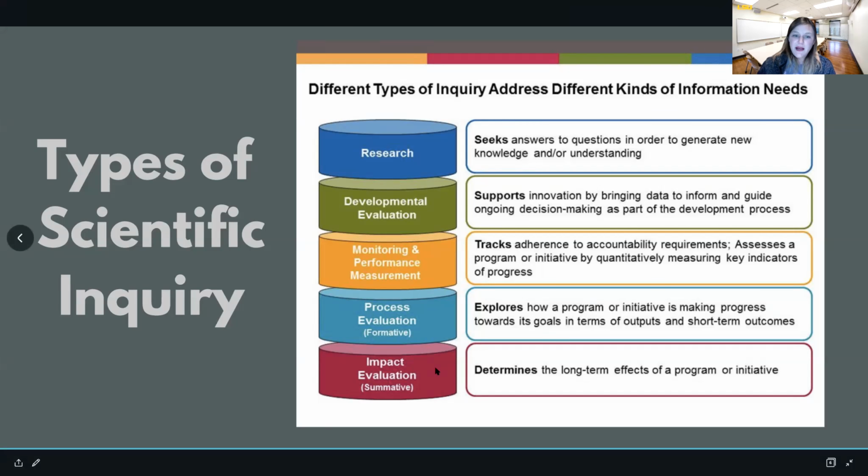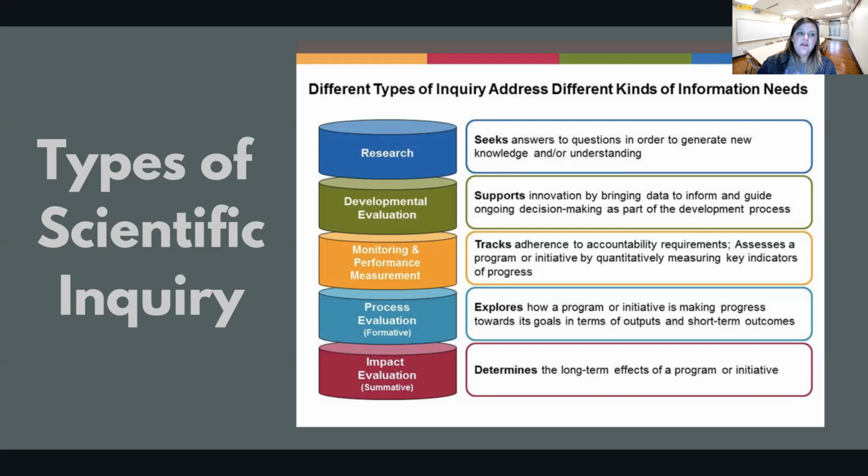Then, impact evaluation, or sometimes called summative evaluation, is the type of evaluation that focuses on long term outcomes of a program. So, you will see these different words come up throughout the course.